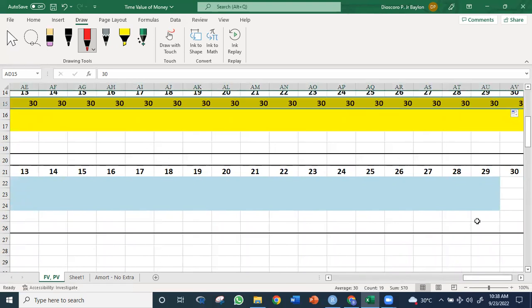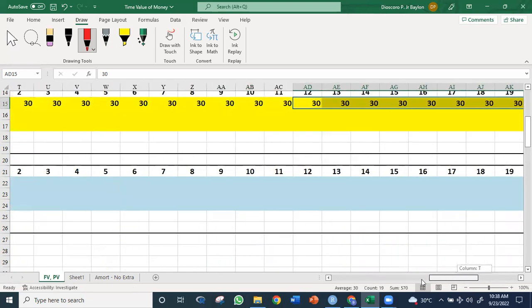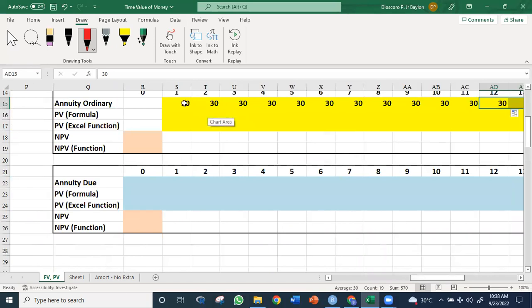All right. So for the next 30 years, you're going to, let's say, receive 30,000 every year. So the question is, how much is the equivalent of this now? If I'm going to exchange this 30,000 for the next 30 years with an equivalent value now, how much will that be?